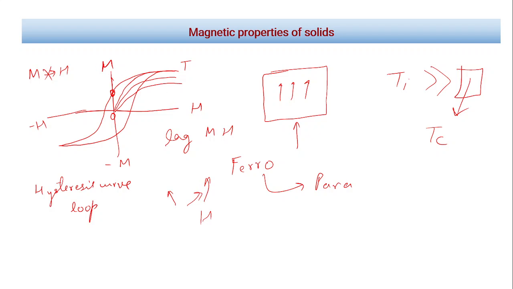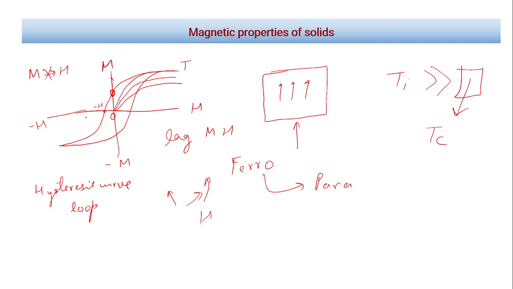And now you see, first we apply the field, it saturates, then I bring back the field to 0 and the magnetization is not coming back to 0, then I apply field in the negative direction. So that's why we use the symbol minus. So we are applying this field now in the opposite direction to the material, and only after some particular value the magnetization comes to 0. The field is not 0 here, it has some negative value, some minus 10 oersted, minus 20 oersted, depending on the material.